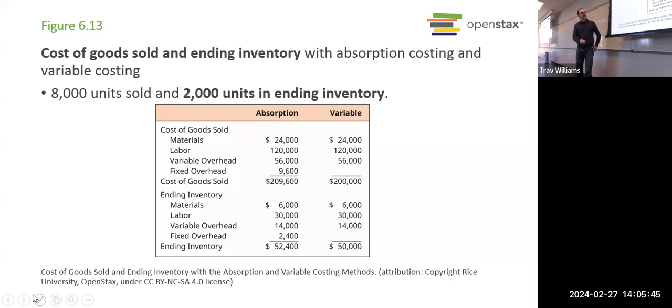In variable costing, they just left that $12,000 off of this whole calculation, right? So here under variable costing, there's no fixed overhead cost here. So we end up with a lower cost of goods sold, which again is going to make us look more profitable there.